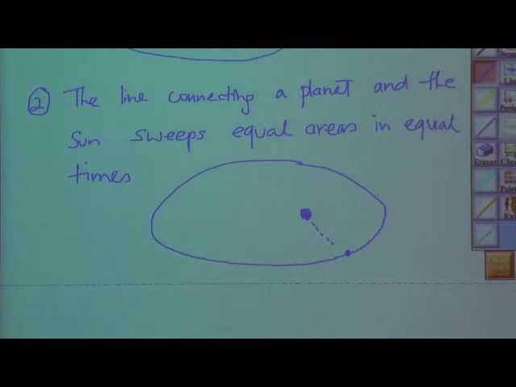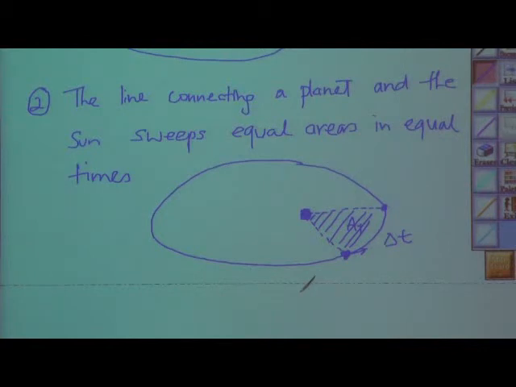And if you were to connect the two with a line, and just pay attention to this line as the planet moves around the sun, it sweeps an area. Say in 1 month, it goes from here to there. Now the planet is here, and it swept an area, let's call it A1, in a time of delta t.